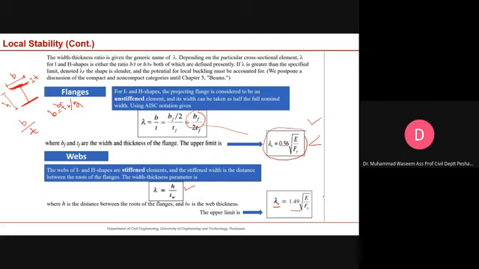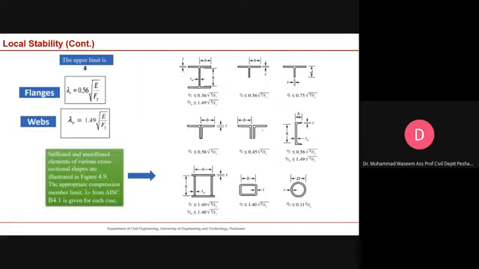If your value is less than the ratio you get from this formulation, your member will be not slender, so there will be no local buckling in the member. You can see that there are two limiting values or two equations which are set by AISC.